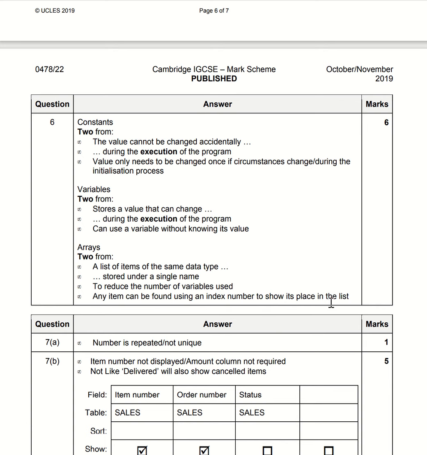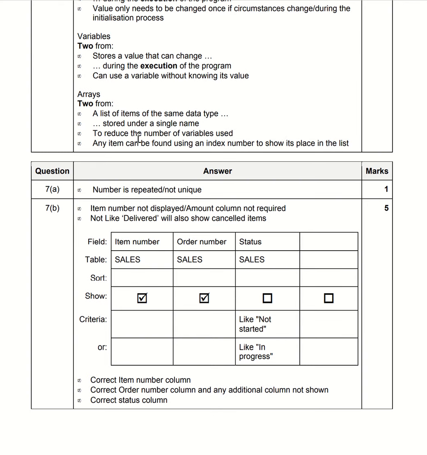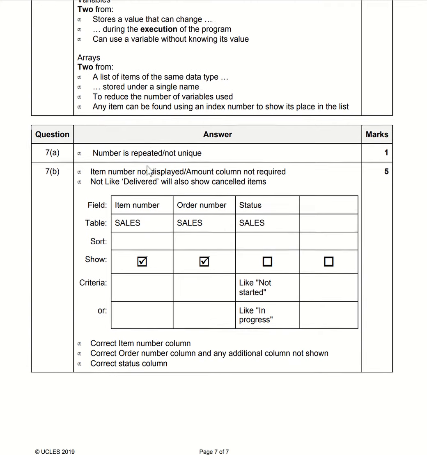So the index number is the number that shows the position, and you can find the item inside the array using that number. It helps to reduce the number of variables used, so it's just one list of items.